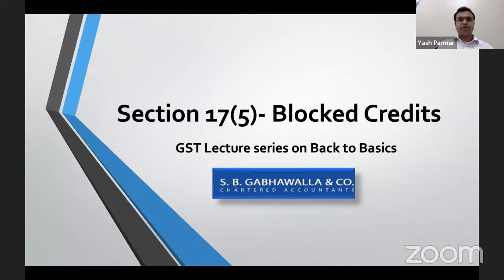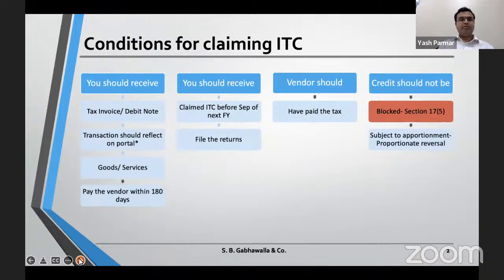And the topic which we are going to discuss today is blocked credits under GST. Primarily, our discussion today will be focused on section 17(5) of CGST Act 2017. As I highlighted earlier, we have already had two sessions on input tax credit, where we discussed various conditions which a recipient of supply is required to fulfill in order to avail input tax credit.